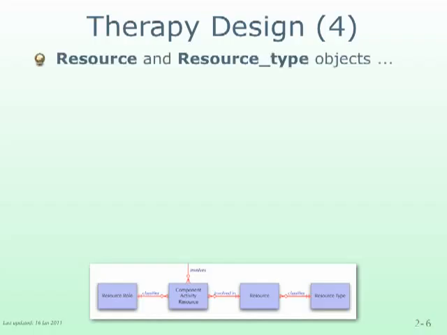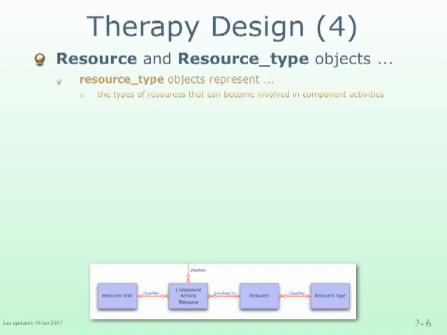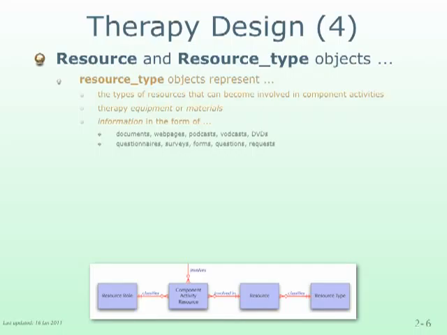Firstly, there are resource and resource type data objects, where resource type data objects represent the types of resources that can become involved in the functional components of a therapy program, such as types of therapy equipment or materials, or types of information, such as printed or electronic documents, web pages, podcasts, vodcasts, or video clips, DVDs, questionnaires, surveys, forms, questions, or requests.